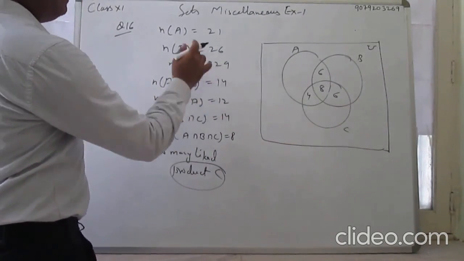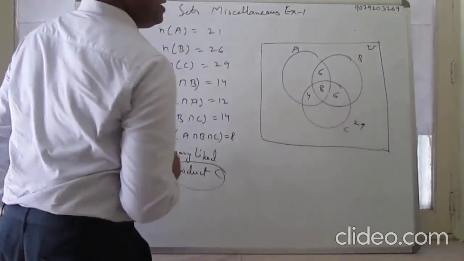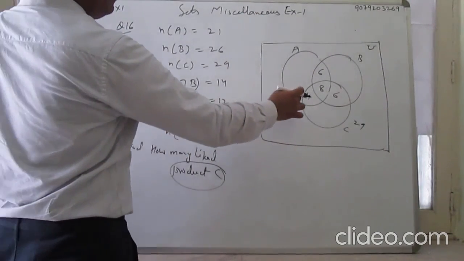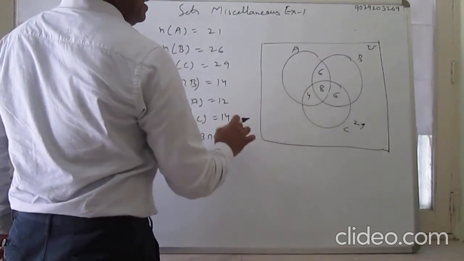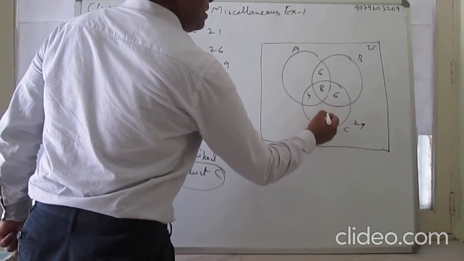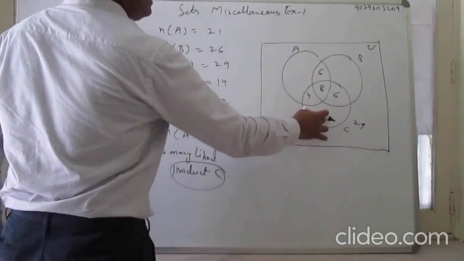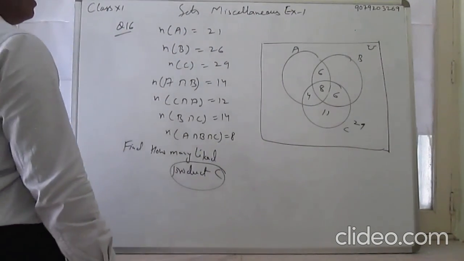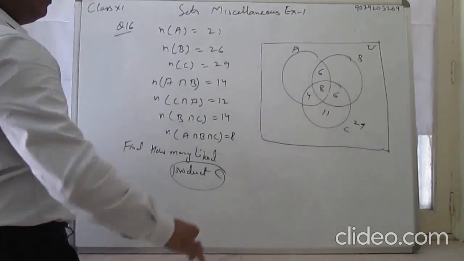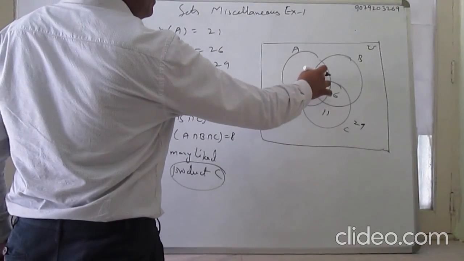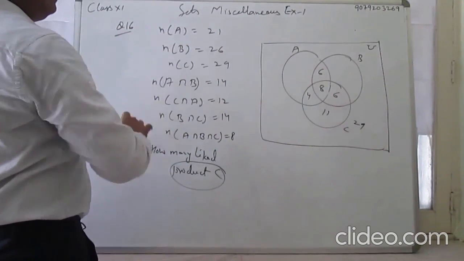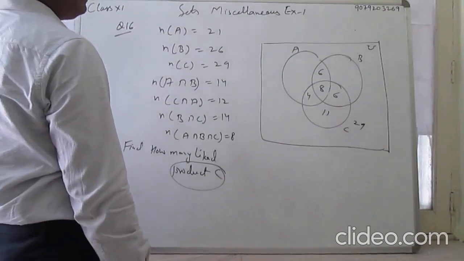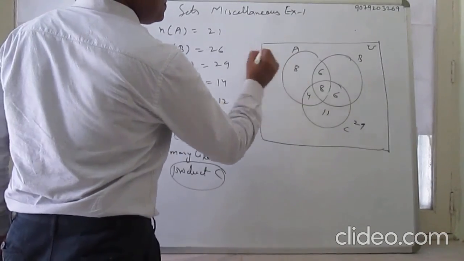Now we have to find only product C. So how many elements in C? 29. So 10, 18. 18 में क्या जोड़े कि 29 आ जाए? 11. तो only C कितने लाइक करते हैं? 11. और अगर only A पूछे तो 10, 18 and it is 26. 18 में क्या जोड़े? 8 जोड़े.